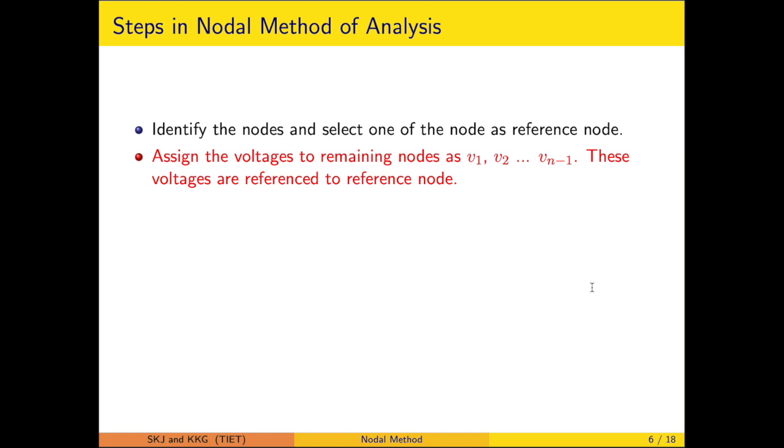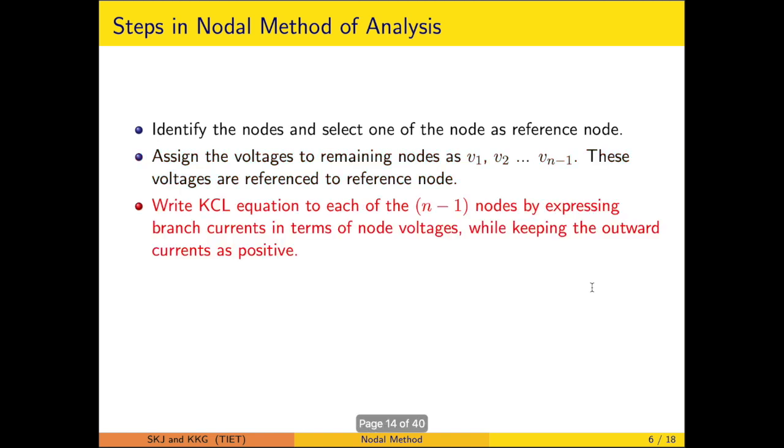These voltages are referred to with respect to the reference node. Now we have to write the KCL equation for each of these n minus 1 nodes, considering the branch currents in terms of the node voltages. Please remember that we are now expressing the branch currents in terms of the node voltages.